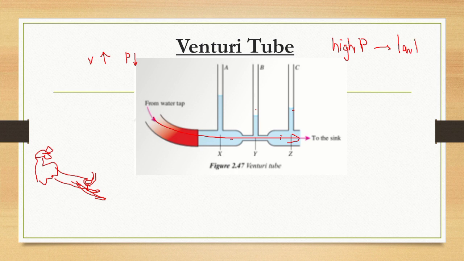The direction that have given is from X to Z. From X to Z. So from high pressure to low pressure. So it means that the X has a higher one compared to the Z. That's why we can see they have different water level even though they have same size of the pipe.